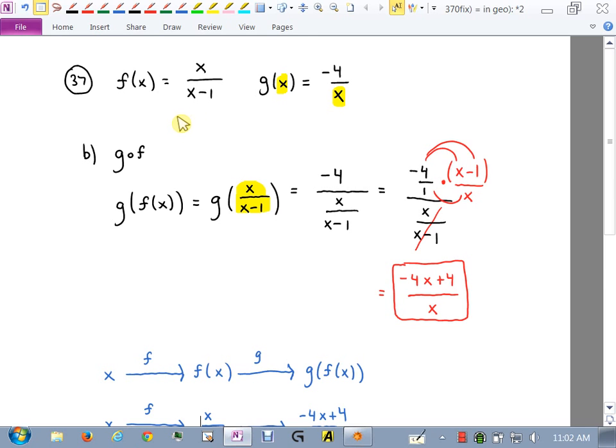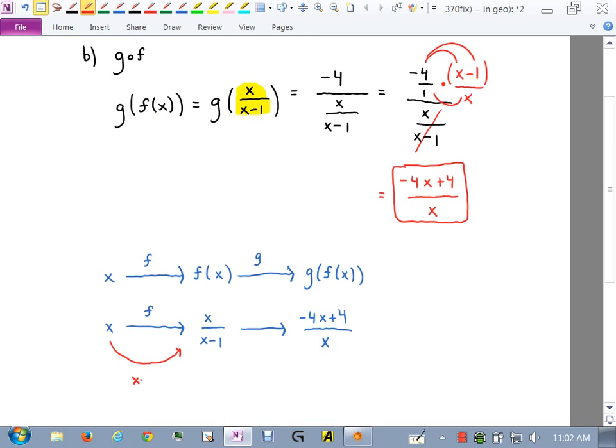So I know for sure x cannot be equal to 1. What I'm saying is this x cannot be equal to the thing that can't go into f, right? Then I get that answer, and that's got to get plugged into G. I forgot to write G above here. It's got to go into G.